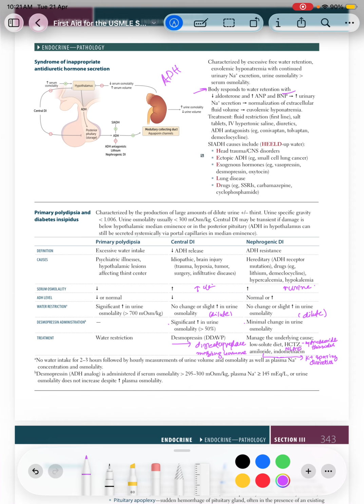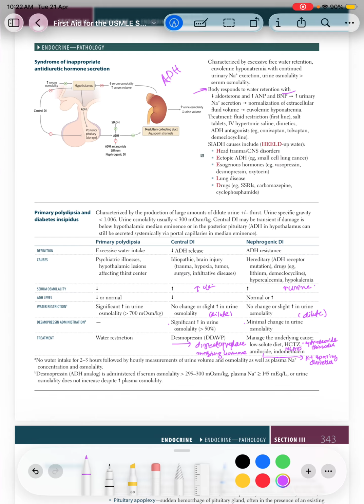As the excess amount of water increases in the body, it puts pressure on the cardiac system, and the heart releases ANP and BNP, which lead to increased urinary sodium excretion to restore the balance. The normalization of extracellular fluid volume occurs through this mechanism, and euvolemic hyponatremia takes place.